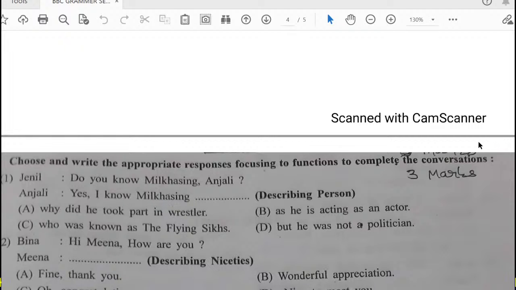See the first. Janil said, do you know Milkha Singh, Anjali? Anjali said, yes, I know Milkha Singh, dash dash. Then we are giving a suggestion describing a person. So we will have to find a sentence from the options that describes a person.